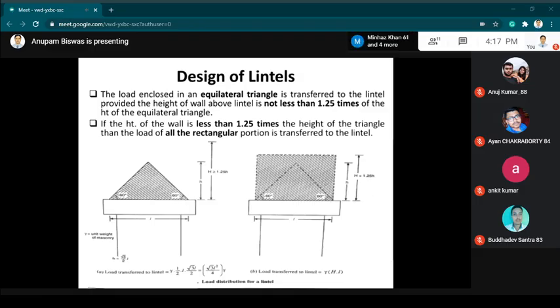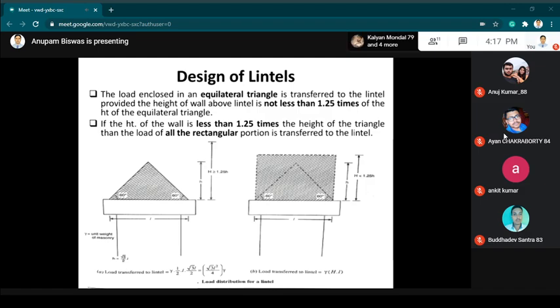Okay, so in an equilateral triangle, all the sides of the triangle are the same. So the total length is 3L, L plus L plus L, the circumference of this equilateral triangle, and the interior angle of the triangle is 60 degrees.